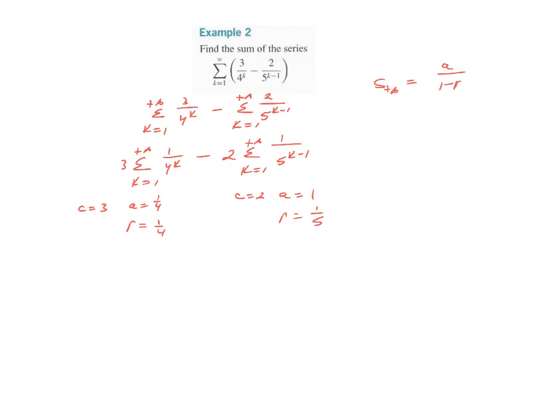In both cases, it's clear that they are convergent, so the sum of the left series would be 3 times, really just plug and play on that formula, 1/4 over 3/4? Clean that up in a minute, minus 2 times, what I got, 1 over 4/5.